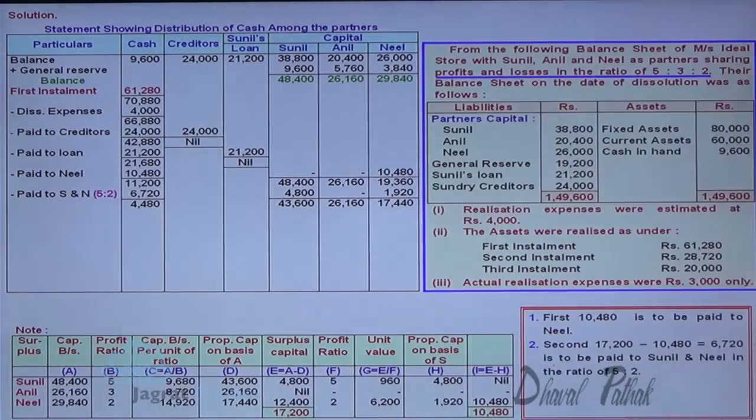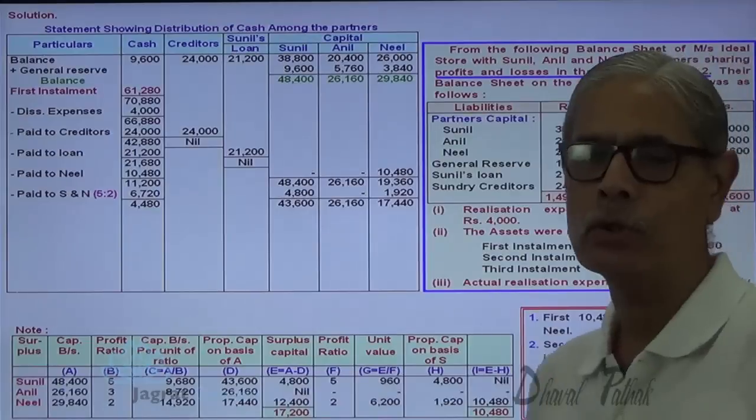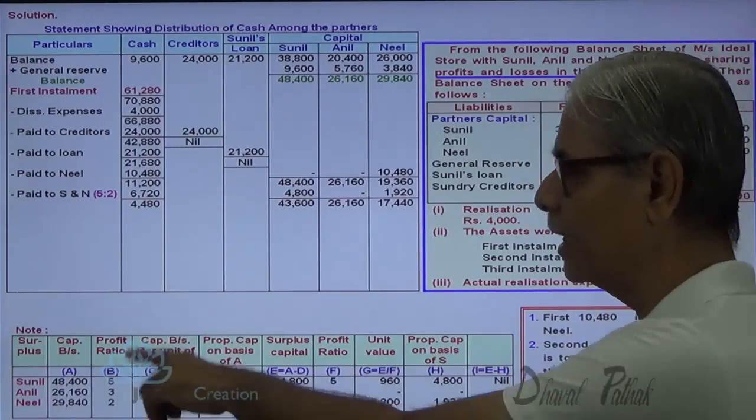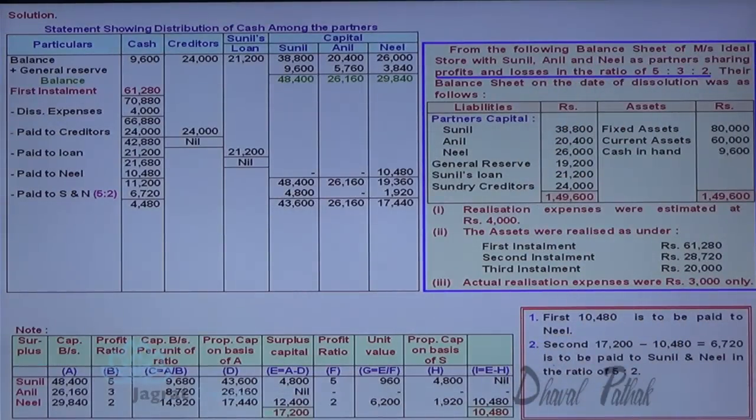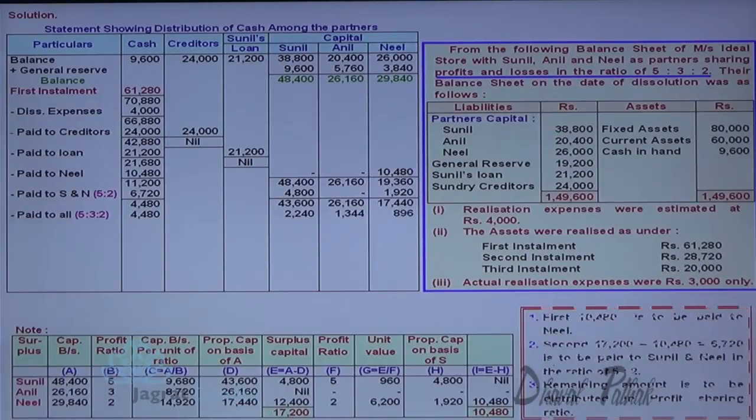So all subsequent cash distribution will be made in the ratio of 5:3:2. So the last observation: the remaining amount is to be distributed in the profit sharing ratio because the capital ratio and the profit sharing ratio are the same. So 4,480 is distributed in the ratio of 5:3:2. This is how distribution takes place.